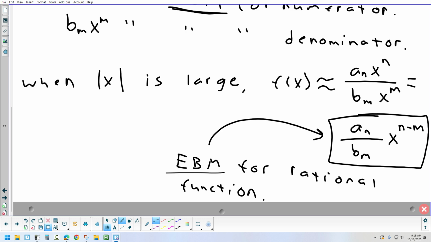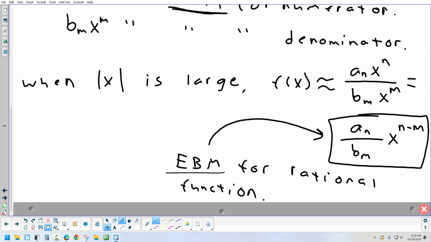It might tell you something about it, like if you had an odd degree polynomial and the end behavior is one up, one down, and it's continuous, that could tell you something about how many times at a minimum it has to cross. But we're not dealing with continuous functions anymore. We're dealing with functions that can have holes and asymptotes. So just knowing the EBM wouldn't tell us how many times it crosses anymore.